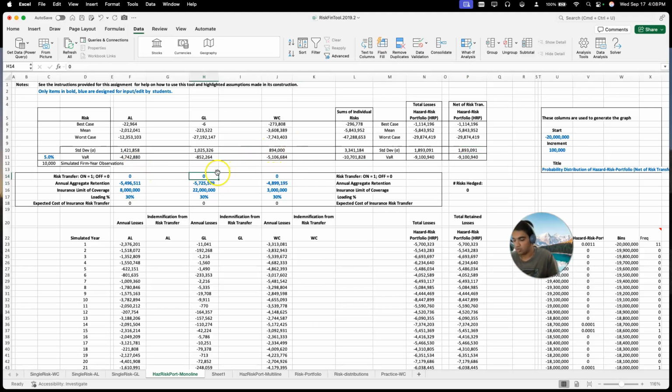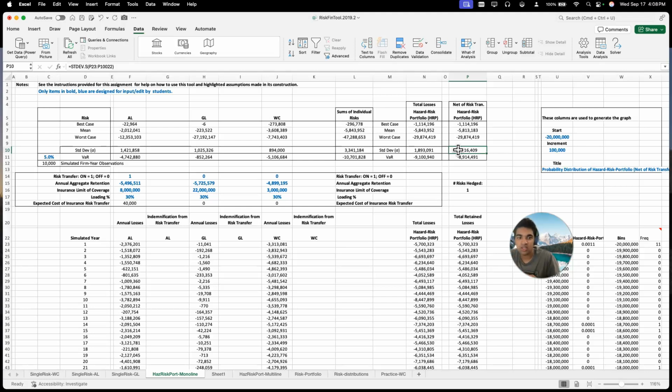To find it for general liability, you turn this one on, and you see that there's a difference for general liability. Then you turn it off, and you want it for auto liability, and you turn this one on, you can see there's a difference between these two. So that's how you answer reduction in standard deviation.